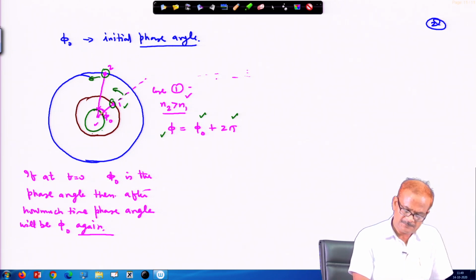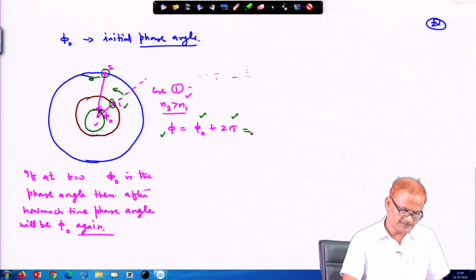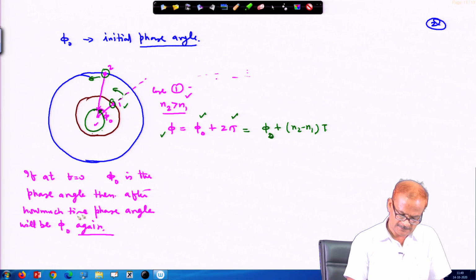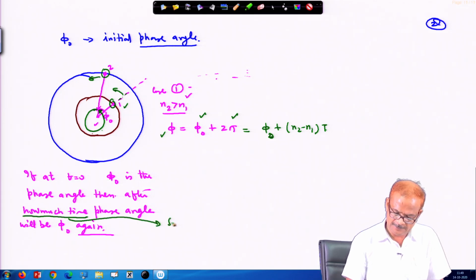So, starting from this place and going back to this place, the total phase angle with respect to 1 becomes equal to phi 0 plus 2 pi, and this must be equal to phi 0 plus n 2 minus n 1 times t, and the period, after how much time, this is called the synodic time.